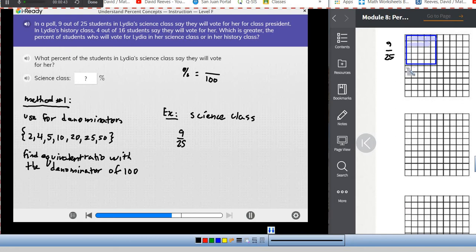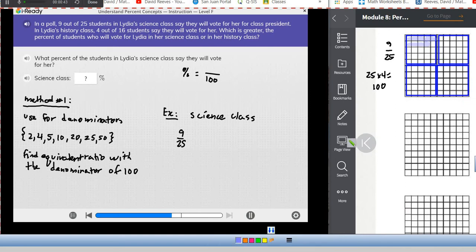Now, what's great about this is that 25 is a factor of 100, right? 25 times 4 equals 100, which means that I can create 4 copies of that square, and that will convert it to 100. I did a better job in a previous video where I did this. Sorry about that.